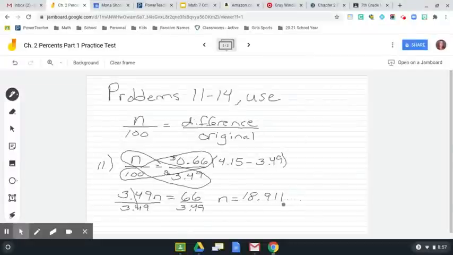And so with our percent of increase, we're looking at 18.9%. If you look at your answer choices in number 11, you'll see 18.9%, there is our final answer.